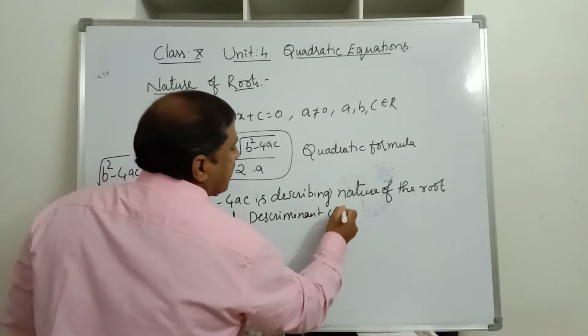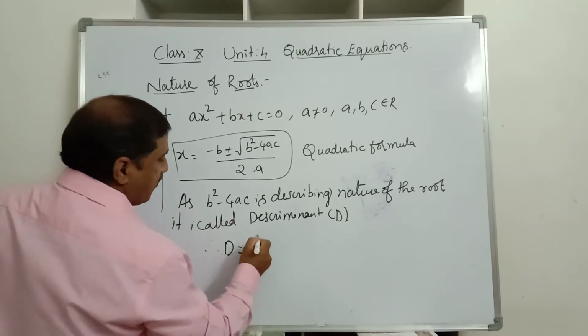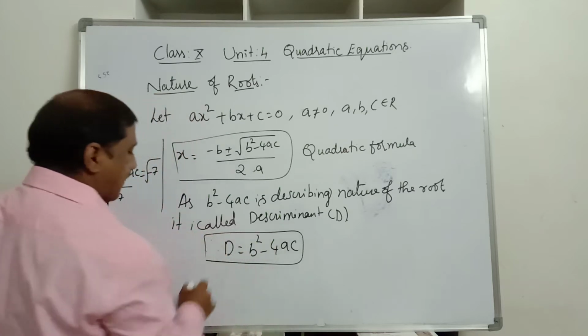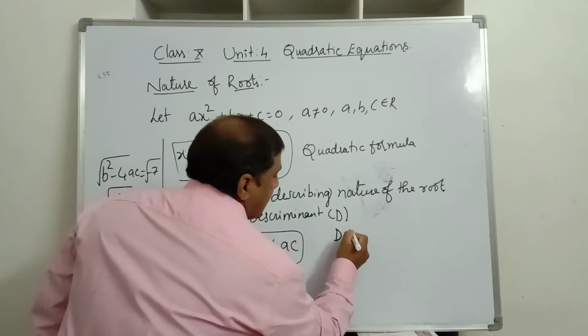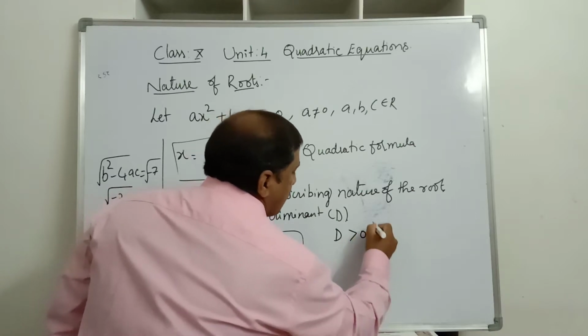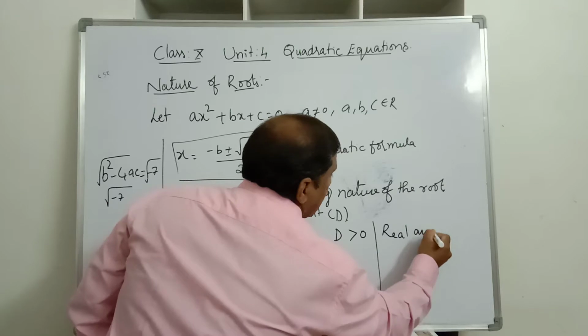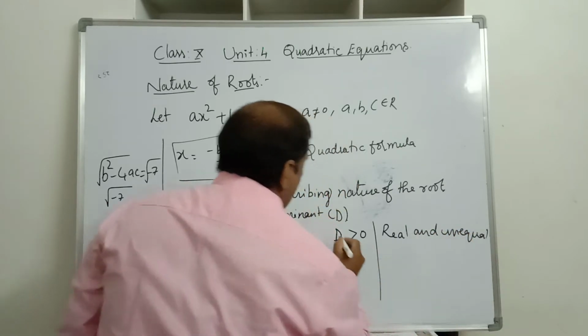I will represent it with the letter D. Therefore D is equal to b square minus 4ac. Now if D is greater than 0, what type of roots do we get? Real and unequal roots.